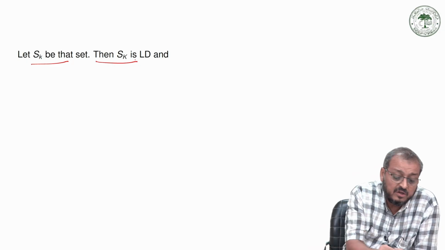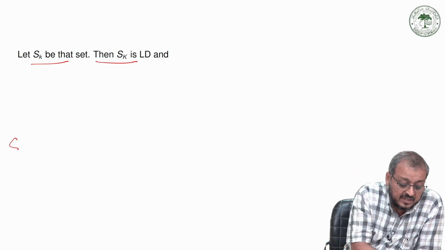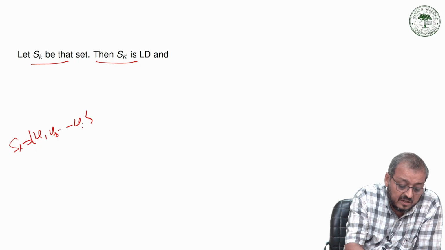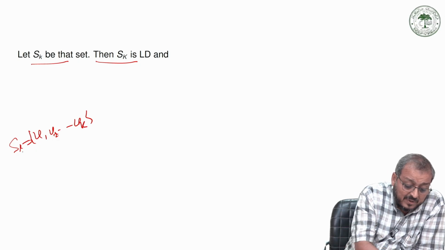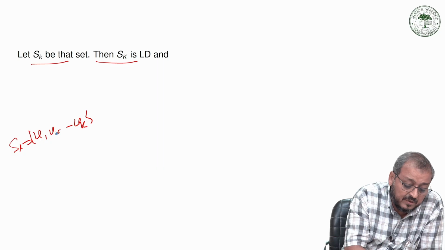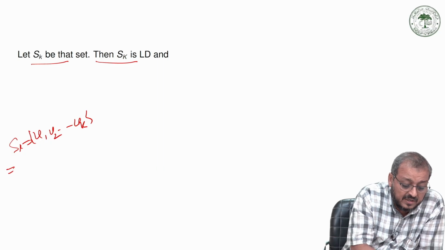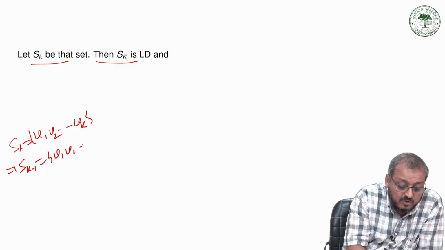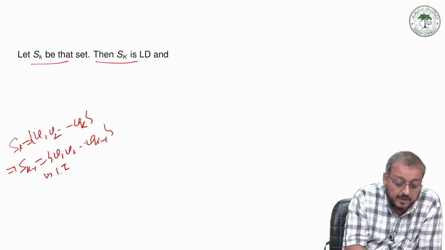So going down, Sk means we have V1, V2, up to Vk. This is the set which is linearly dependent. That means this is the first linearly dependent set, so this implies that S(k-1), which is V1, V2, up to V(k-1), is linearly independent.